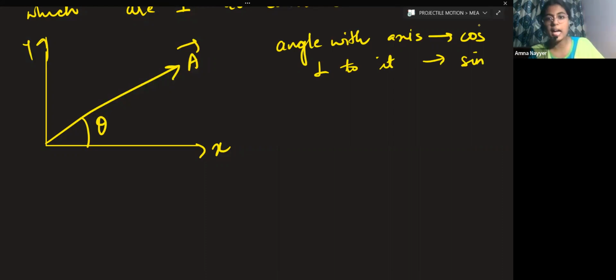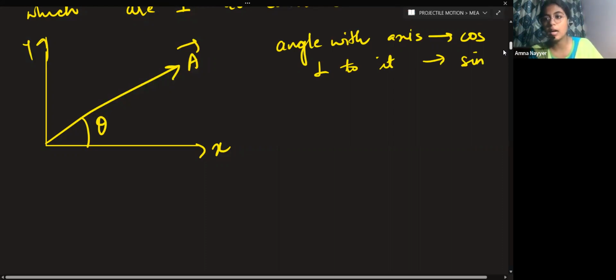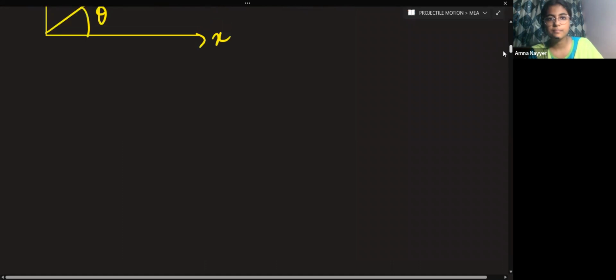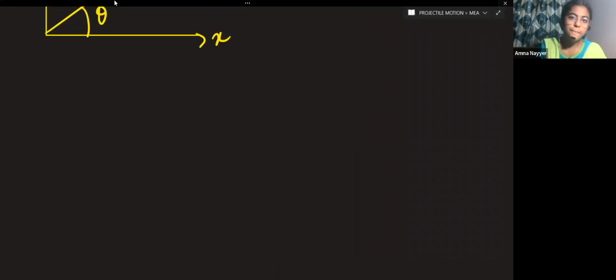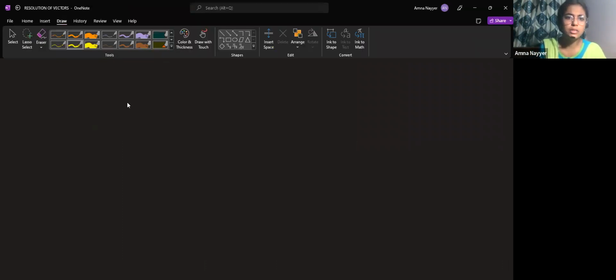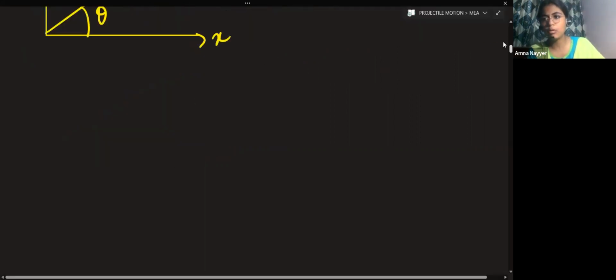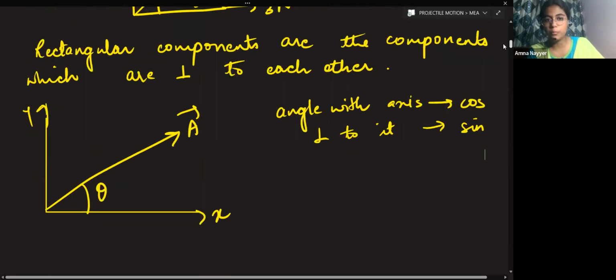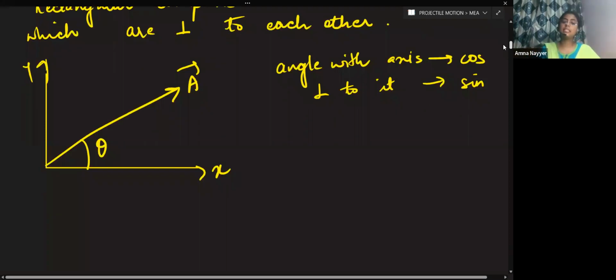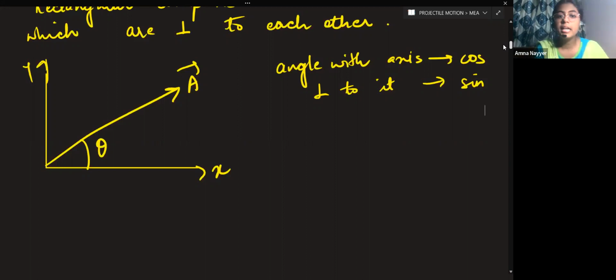Now see, I want to resolve this. How will I resolve this? I'll actually resolve over here. What did I tell you? You get cos component. So tell me class, by looking at this figure, is the A vector making angle with x-axis or y-axis? X-axis. So you will be having component of cos.